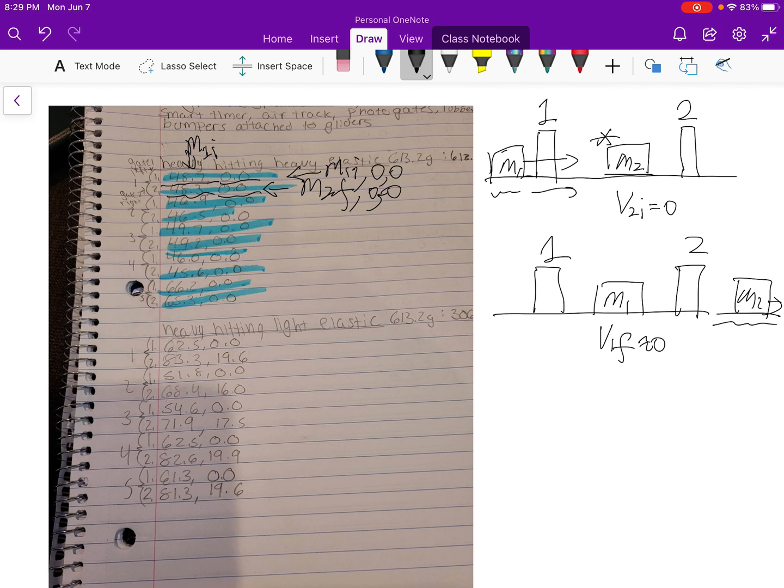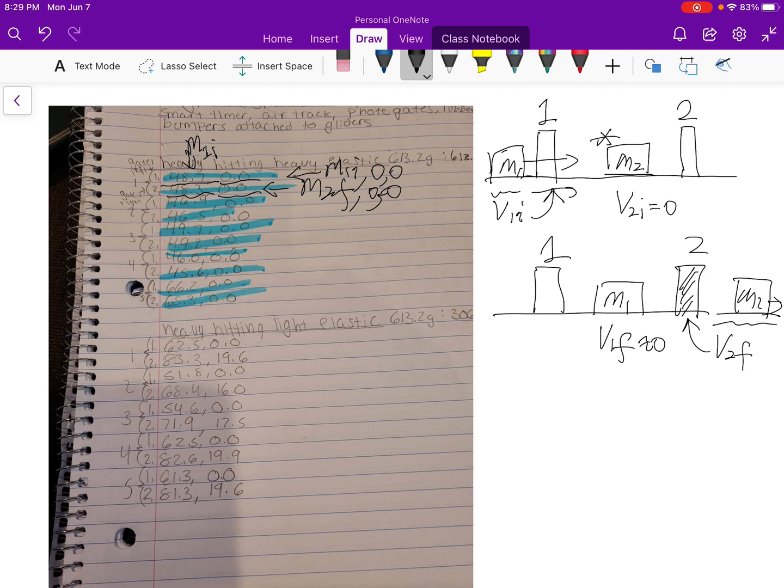But the first number must be the first speed captured by a certain gate, right? So this gate here captures only one speed, the after-collision M2 speed, right? So this is V2 final. That gets captured by this gate. And this is V1 initial that gets captured by this gate.